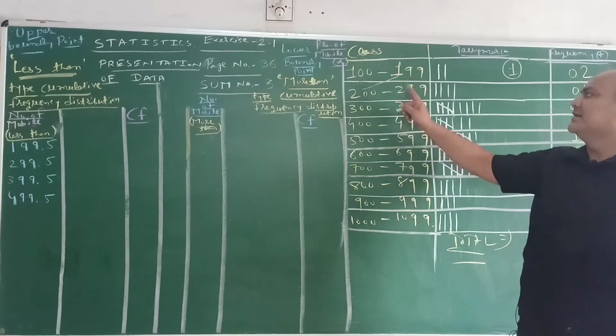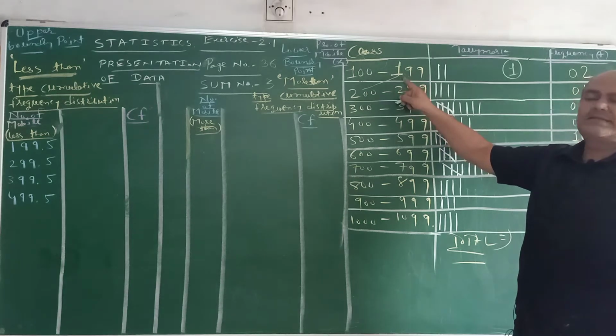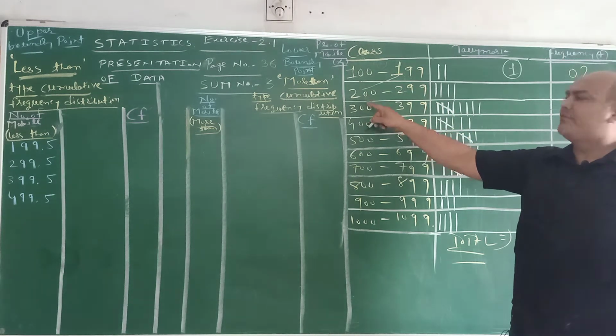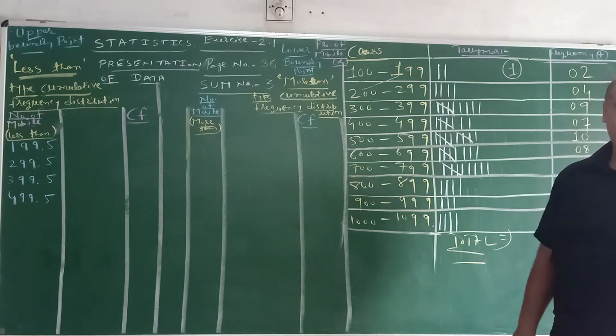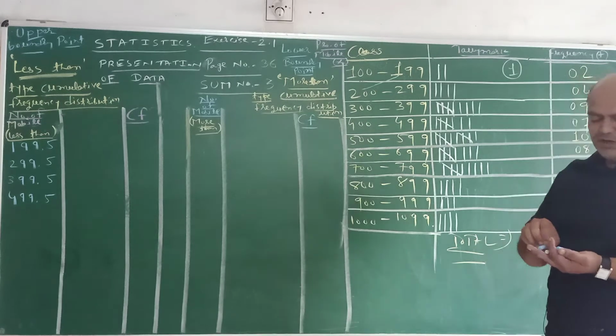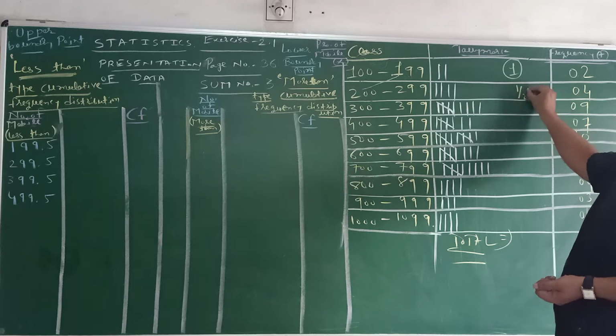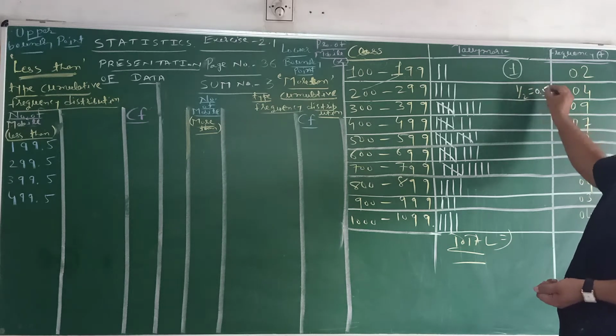Now students, the gap between the first class upper boundary and the next class lower boundary is 1. First we have to find the gap, which is 1. Then we divide 1 by 2, that is 0.5.